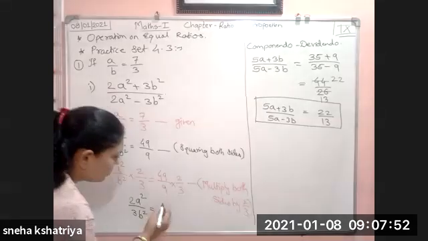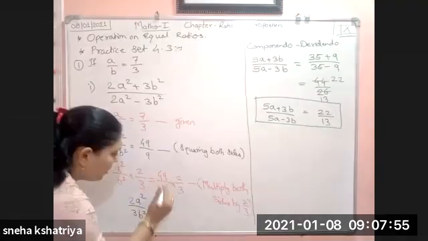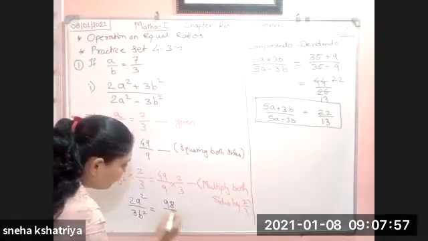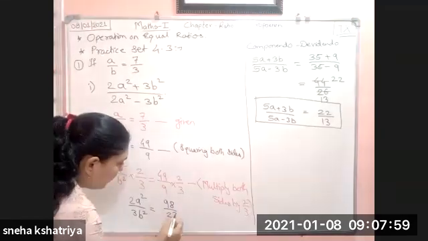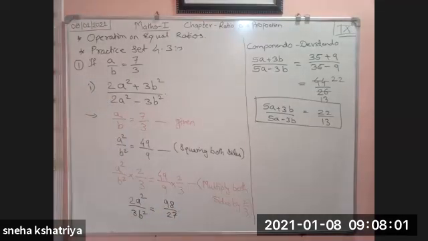Nothing is going to reduce, so we take directly 49 2s, it is 98, divided by 9 3s are 27. Okay, so we get this number. Now 2a square upon 3b square.